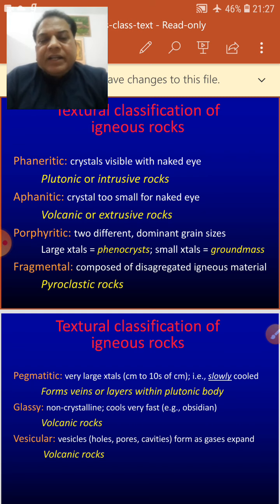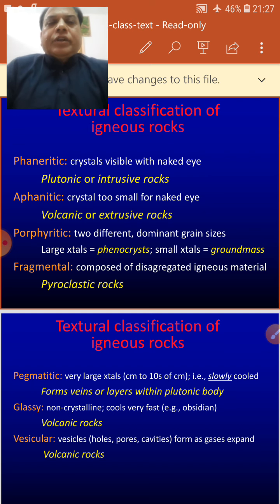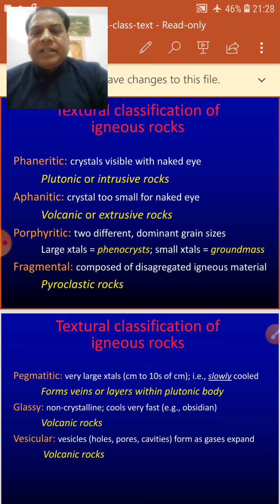Now this fragmental texture arises because when there is a blast or violent volcanism, there are solid particles, liquid particles and gaseous particles. The solid particles that are rejected out get deposited in the form of tuff or volcanic breccia, and they have the fragmental texture.